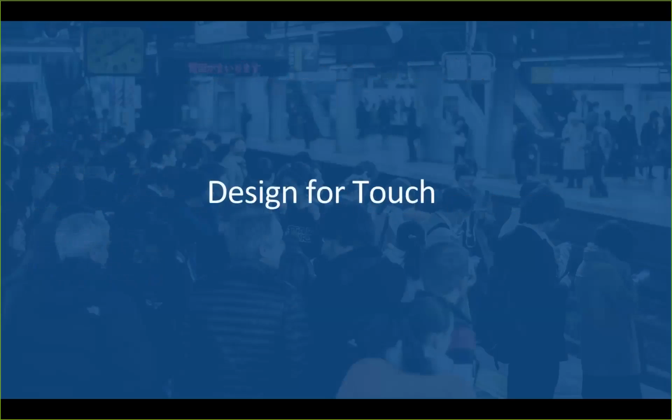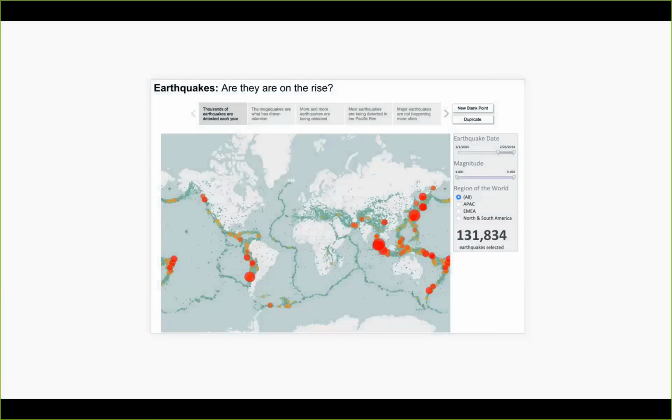So as we get into these one by one, let's start with designing for touch. All right, we see here an example dashboard that actually shows earthquakes. Let's say that I was curious about this particular one right here. Well, what's the likelihood that I could be exactly precise enough to hit that particular bubble with my finger or my thumb versus a mouse, right?